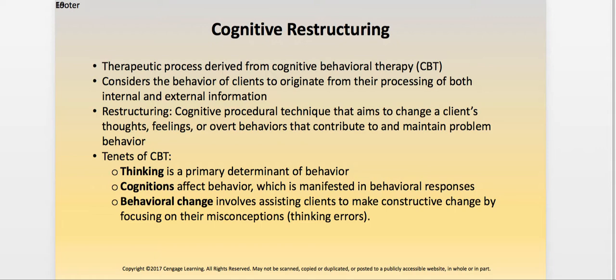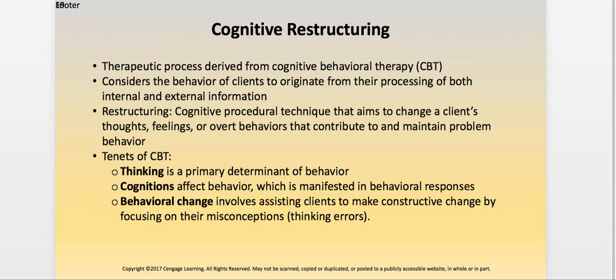C, there is an emotional response, which leads to a behavioral response. In cognitive restructuring, you're looking at that B stage, those thoughts, and working to alter any maladaptive thinking that leads to problem behaviors and emotions.